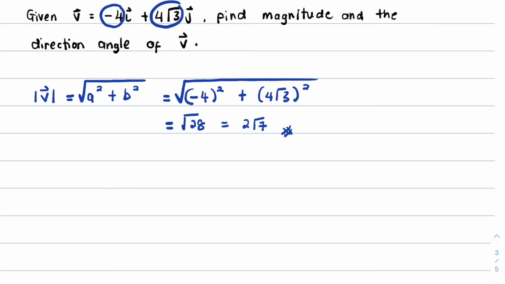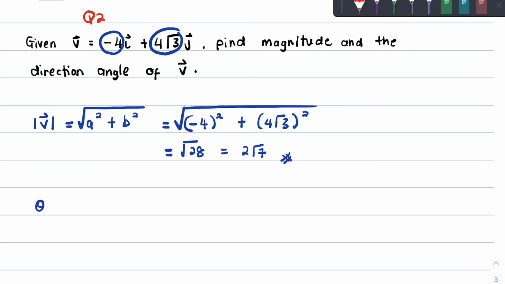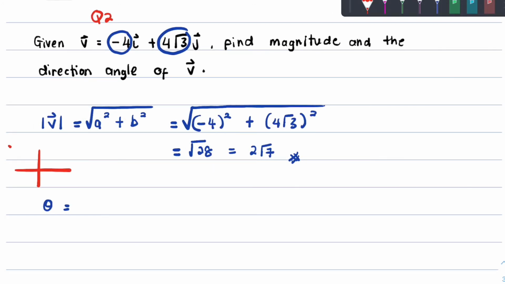Now for the direction angle of v, look at which quadrant it falls in first. For v, we have a negative a and a positive b. So this would fall in quadrant 2, correct? Because it falls in quadrant 2, this is your v. Now your real theta or actual theta is here, so what you know is your reference theta.